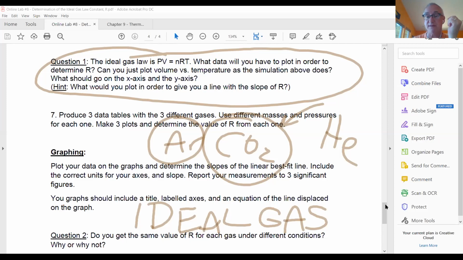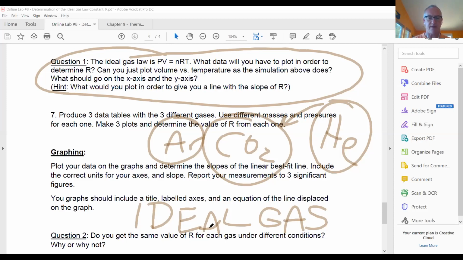It may be that CO2 gives you a slightly different slope than helium will, because CO2 is considered less ideal than helium. But I don't know, because we haven't done the experiments. So I'm kind of looking forward to seeing if your experiments show that. Don't be surprised if the gases have slightly different slopes. It's not going to be huge differences, but they might be slightly different.